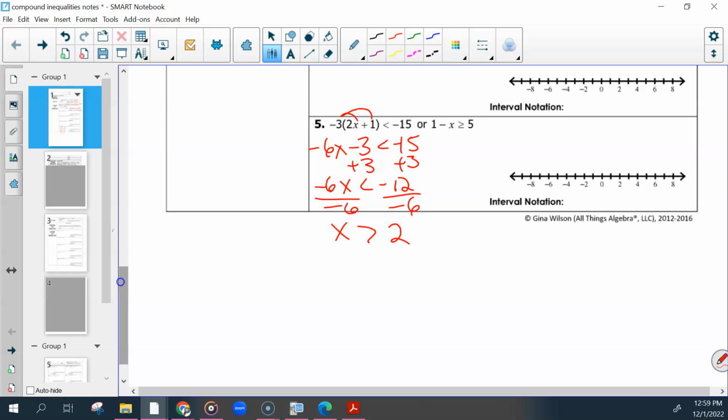And then go back and solve the other. So we would subtract 1. This is really negative 1x, so divide both sides by negative 1. And again, flip the sign.